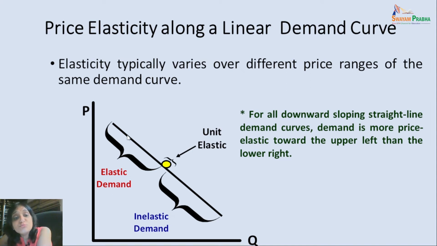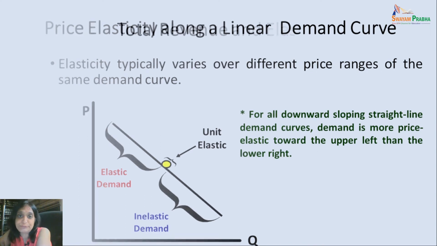So as you move down the linear demand curve, the value of your price elasticity of demand keeps on declining. What do we infer from this? At different price levels on the same demand curve, we may find different values of the elasticity of demand. In other words, elasticity does not remain constant across the same demand curve.